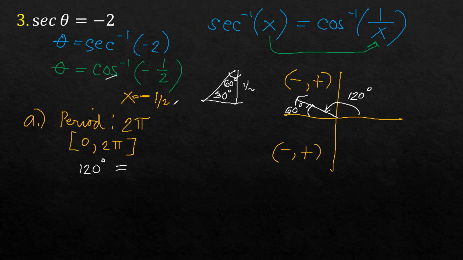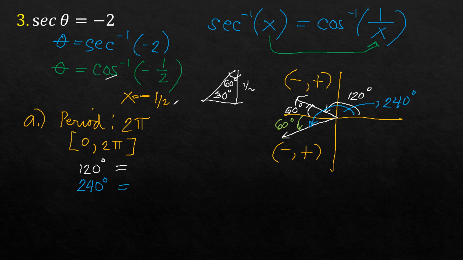Now the second solution is found on quadrant 3. So we again create another reference angle. You might think of having an illustration when you're solving. So 180 degrees plus 60 degrees will give us 240 degrees. So we now have two solutions: one is 120 degrees, the other is 240 degrees.